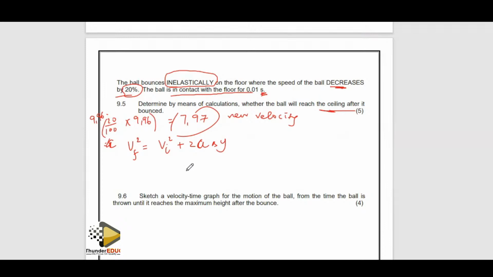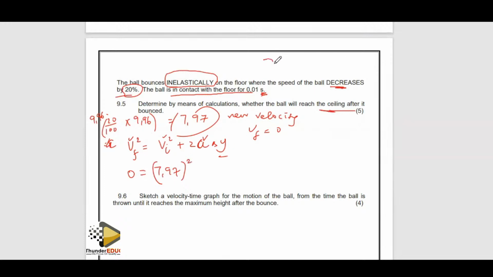Okay, we're looking for the displacement. We have the acceleration, we have the initial, we have the final. So we're looking for the maximum height that the ball is going to reach. And at the maximum height, we said velocity will be 0. So 0 is the same as 7.97 squared.